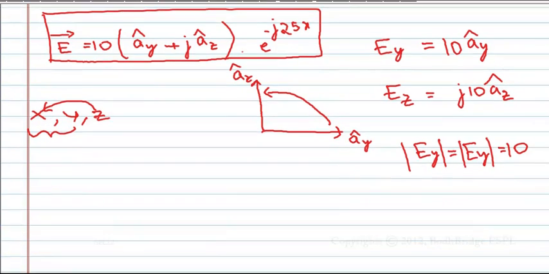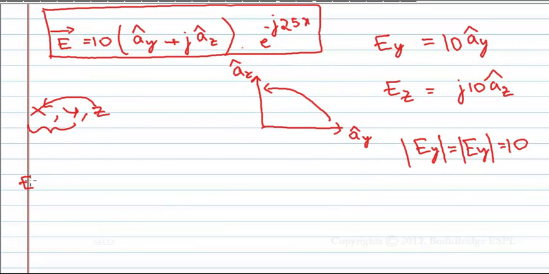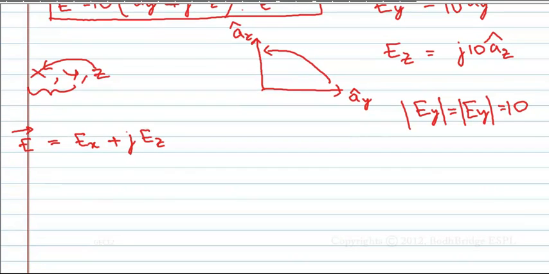Suppose E bar is given as some Ex plus some j times Ez. How will you draw this? Ex is here, that is the x component is here, and z is at 90 degrees more than this. And what is the rule? Go from z to x, x to y, y to z, z to x. Therefore, you will go from here to here.